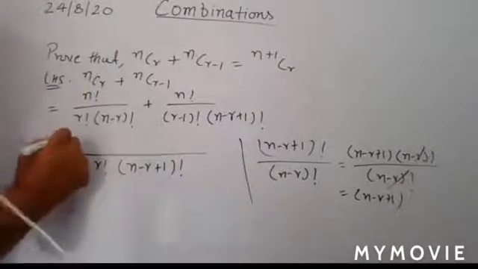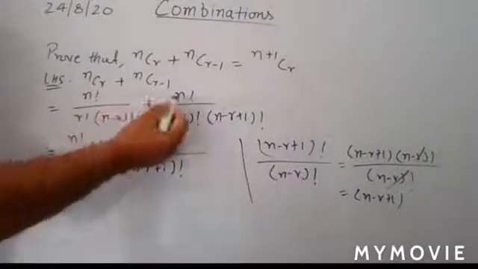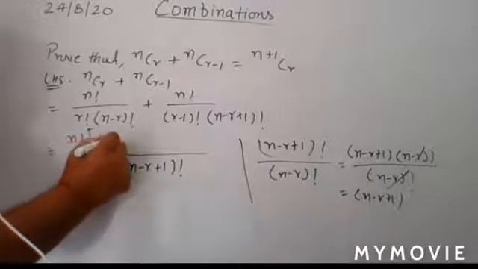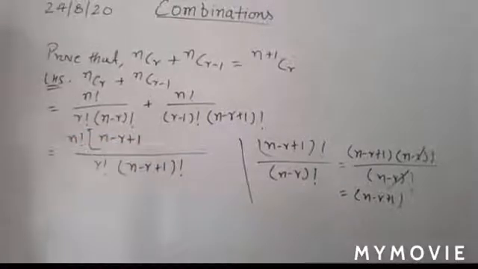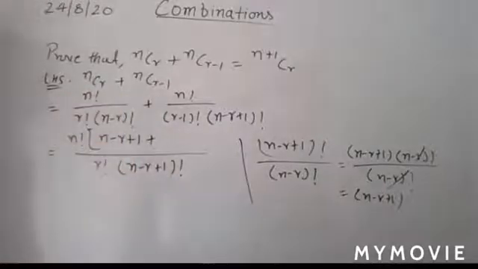In the numerator, n factorial is common, so you can take it common here, and on this side you have n minus r plus 1, and here you have a plus sign, so you write plus.